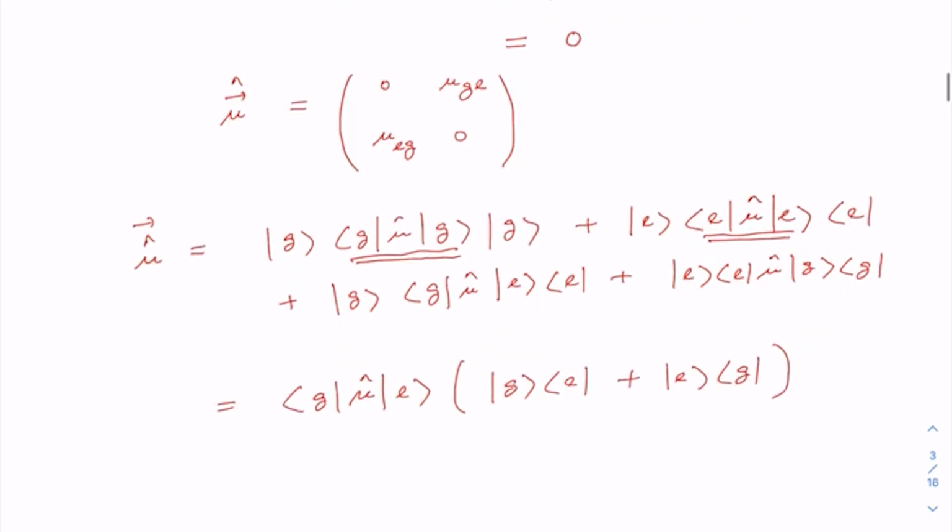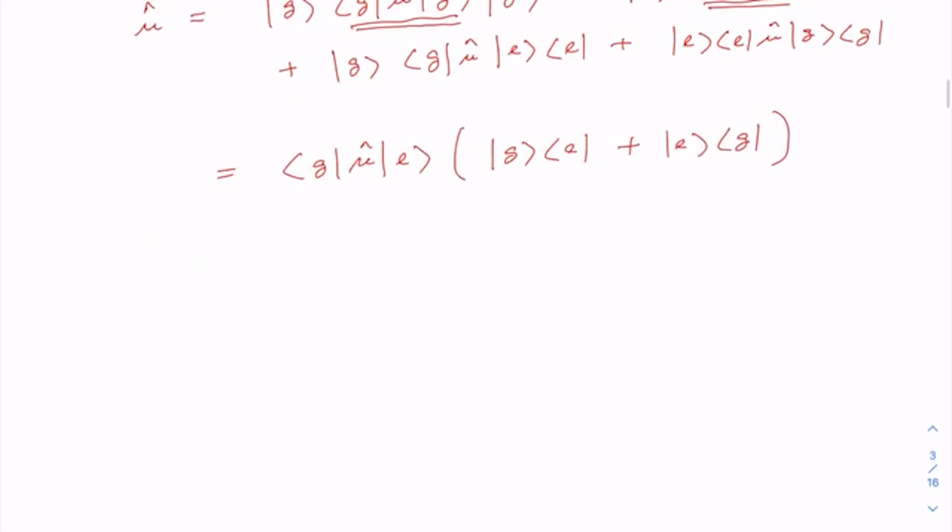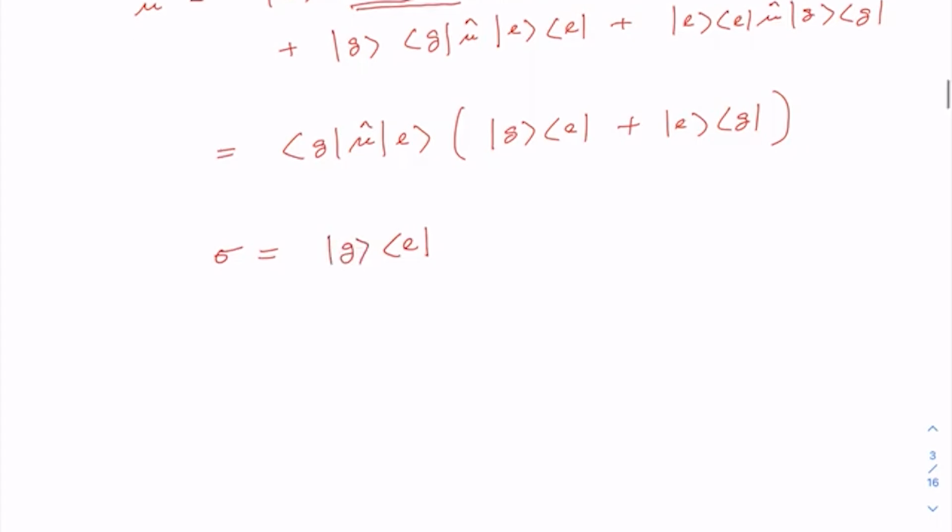Let me define two operators. The atomic lowering operator sigma. So we are going from the excited state to the ground state. So this is the atomic lowering operator. Similarly, the atomic raising operator would be, we are going from the ground state to the excited state.